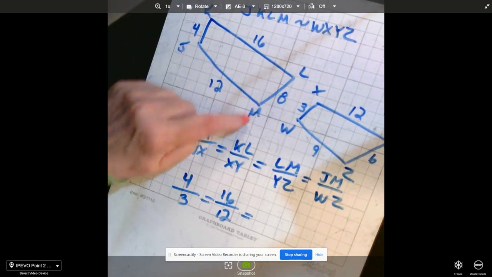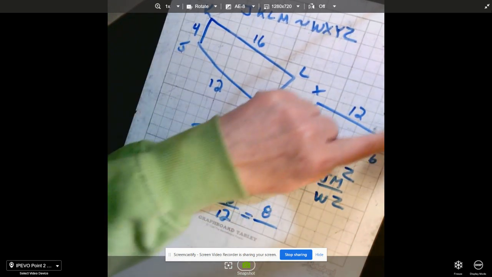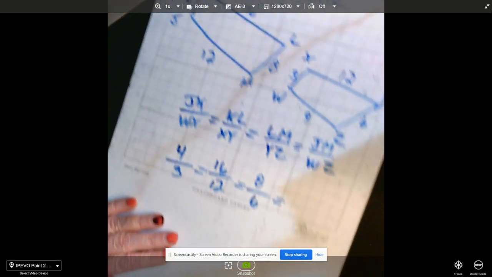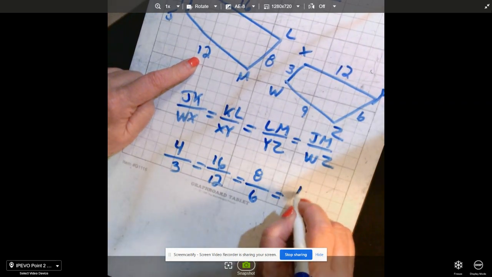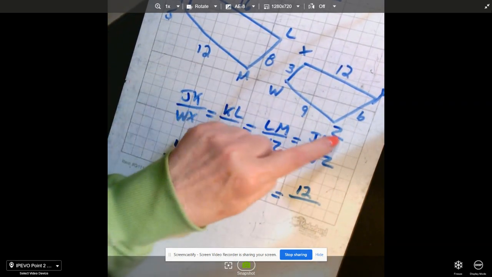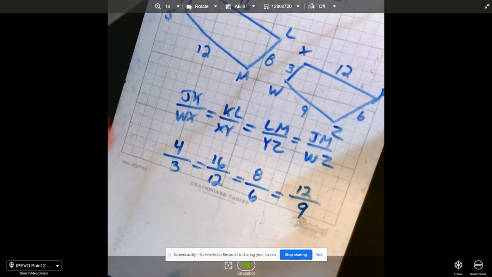LM is 8. YZ is 6. And JM is 12. And WZ is 9.